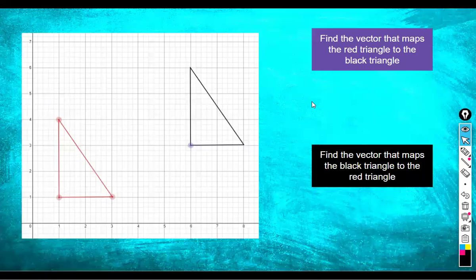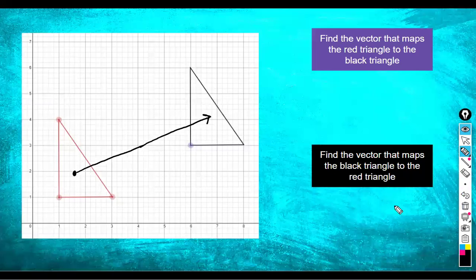So here's a very, very popular question. The examiner will give you two triangles sometimes. And it looks like this triangle got slid, right? We're assuming that the red one is the original triangle, and it slid to the black triangle.